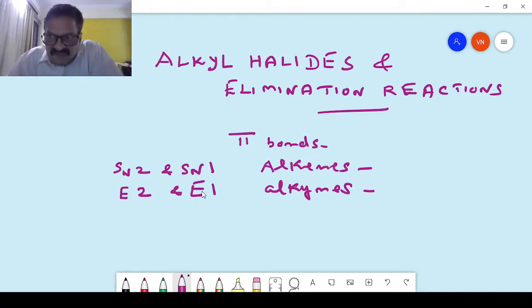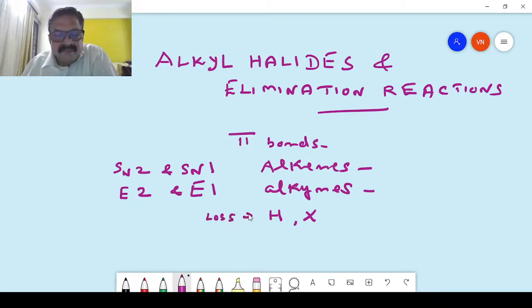So now the general features of an elimination reaction: all elimination reactions involve loss of elements from the starting material and a new pi bond is formed. That is a basic characteristic of an elimination reaction, that is losing a hydrogen and a halide. Generally, we can say loss of elements from the starting materials and pi bond formation.